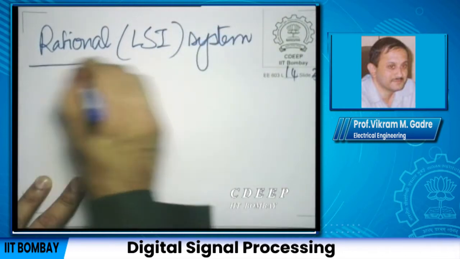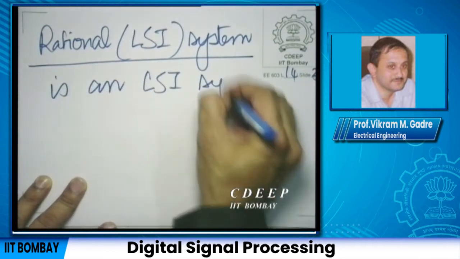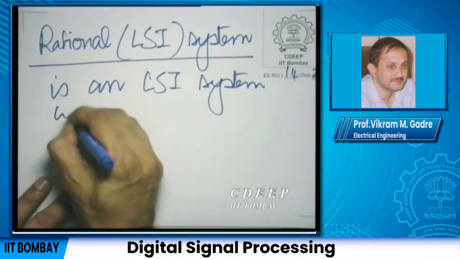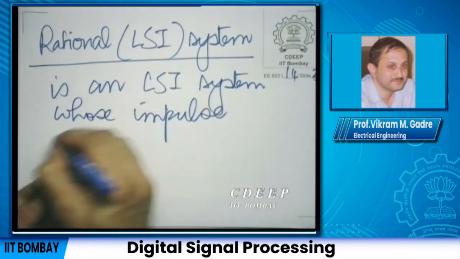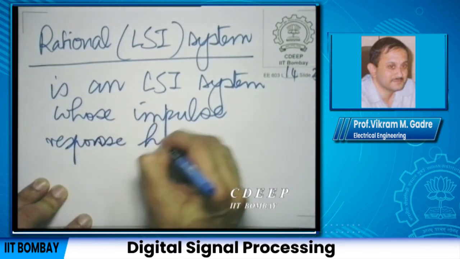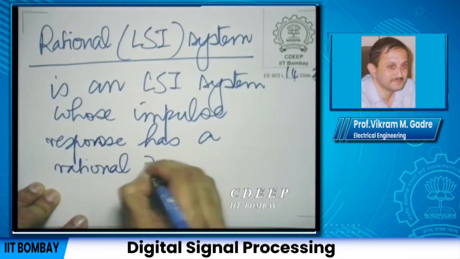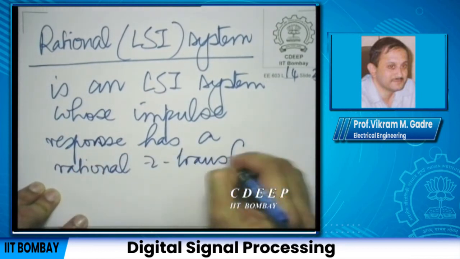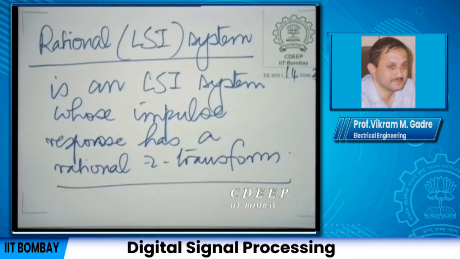So, a rational LSI system is an LSI system whose impulse response has a rational Z transform. And of course, the LSI system that we saw a few minutes ago is an example.